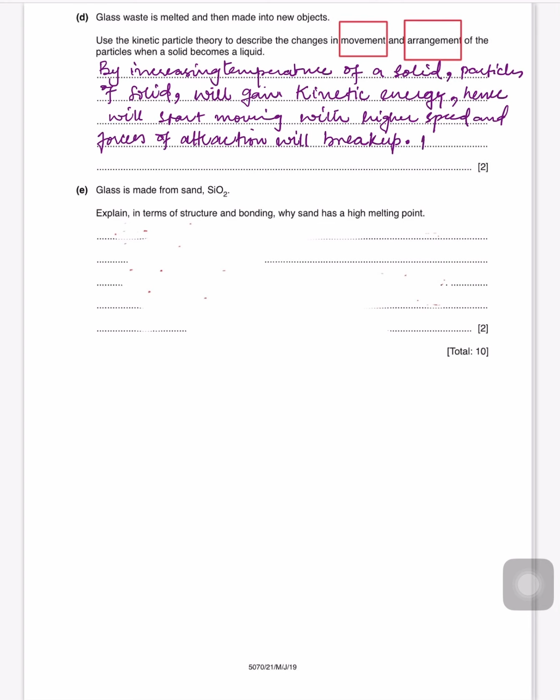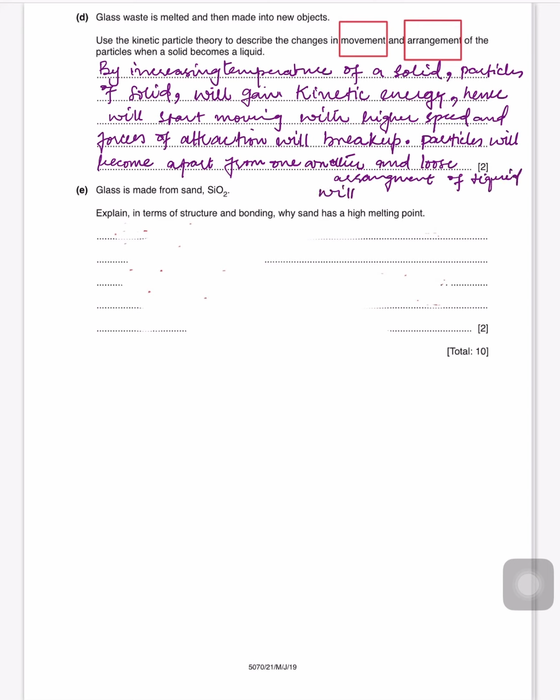Particles will become apart from each other, from one another, and loose arrangement of liquid will be developed.